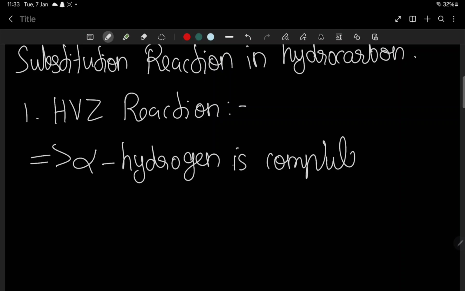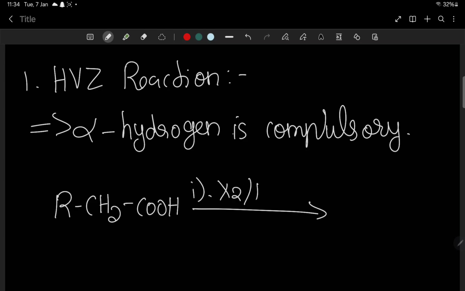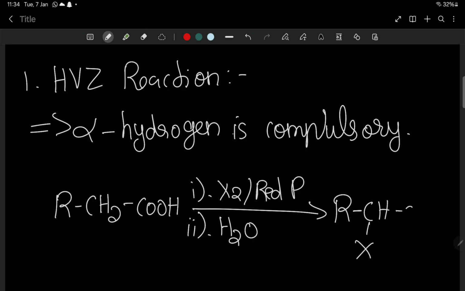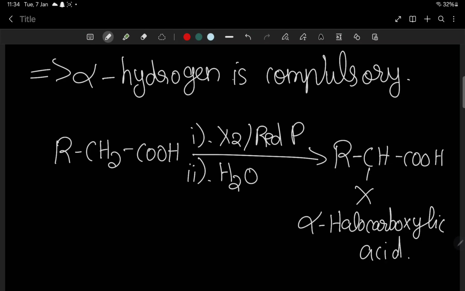If there is alpha hydrogen in an acid, taking RCH2COOH, here alpha hydrogen is there, then if we add X2 and red phosphorus, and then hydrolyze it by adding water, I get an alpha substitution, alpha halocarboxylic acid.